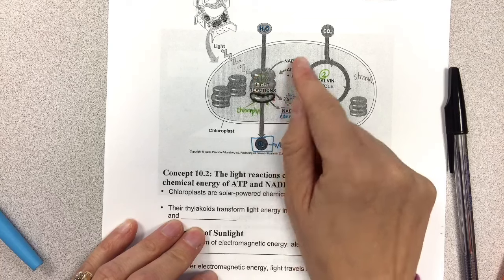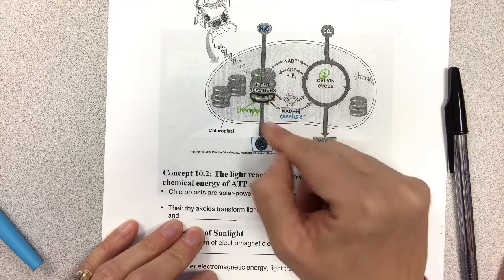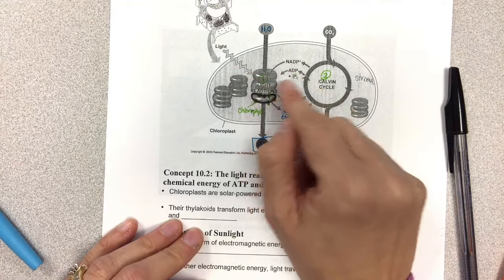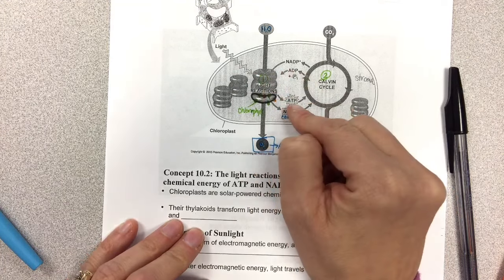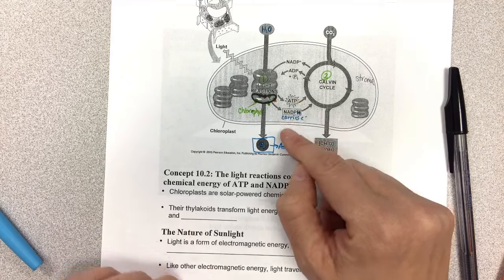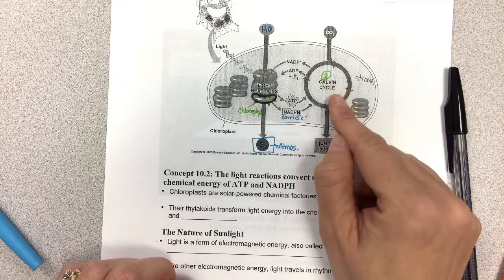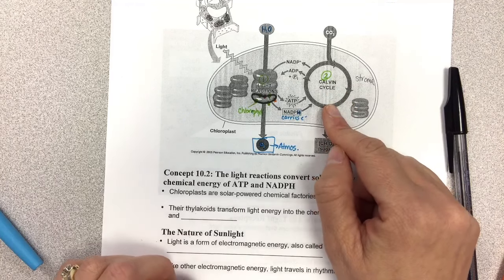So therefore it grabs two electrons, one to neutralize and one in the hydrogen, just like NAD plus does, and then the energy from the light phosphorylates ADP to make ATP. So therefore these two things are actually used in the second stage, which is called the Kelvin cycle.